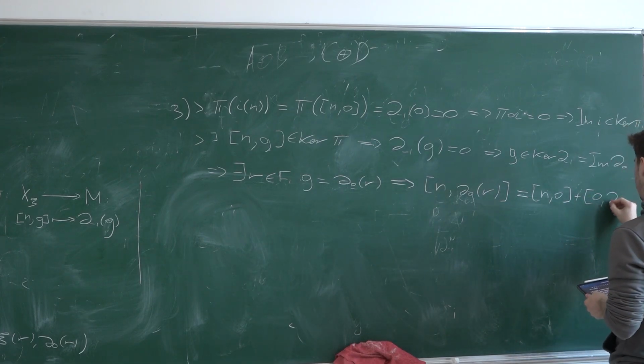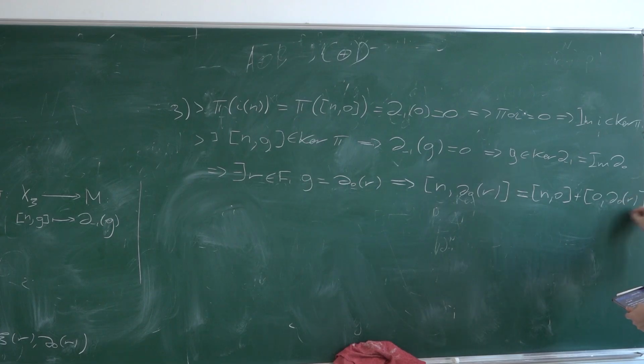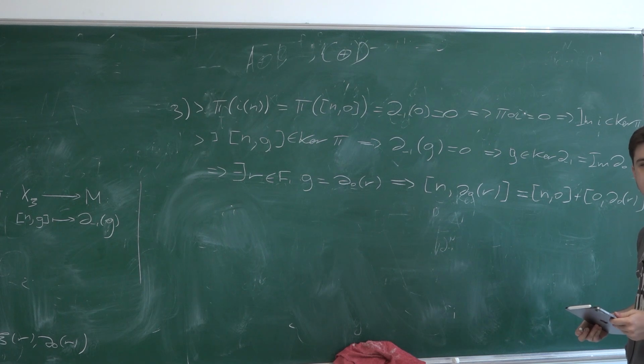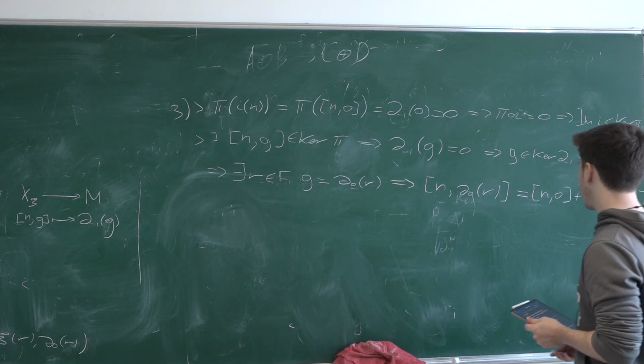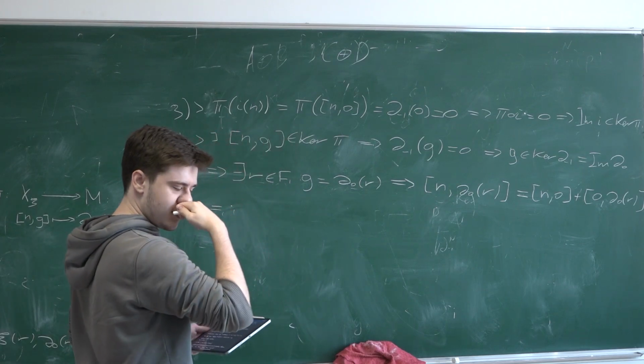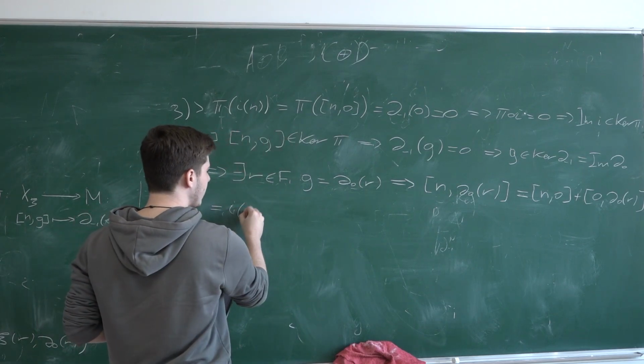Maybe you can do this without splitting, just move this from the right to the left. Okay, do what you want. The second sum is by your relation, just minus CR.